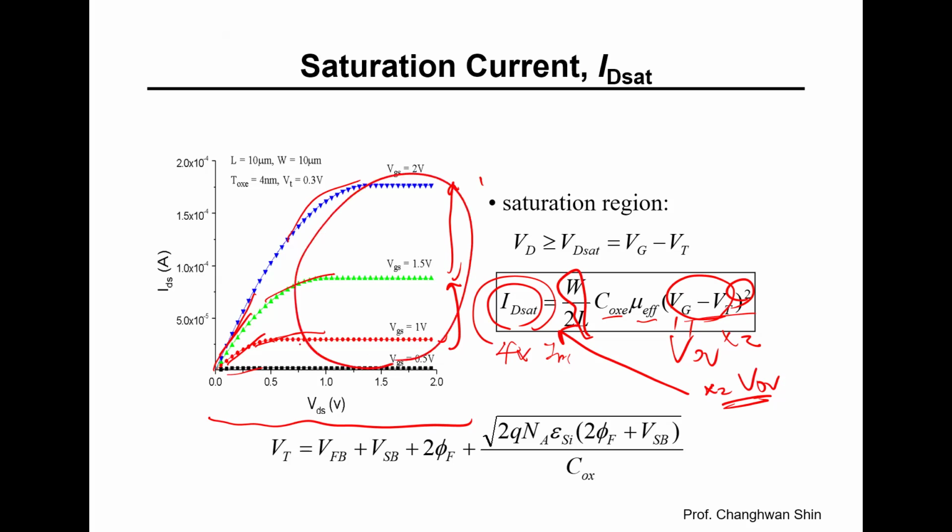This family of curves is a fingerprint of the device's performance, providing crucial information for circuit designers. Understanding these current versus voltage characteristics is like knowing the torque and power curves of different engines, essential knowledge for designing systems that perform optimally under various conditions.